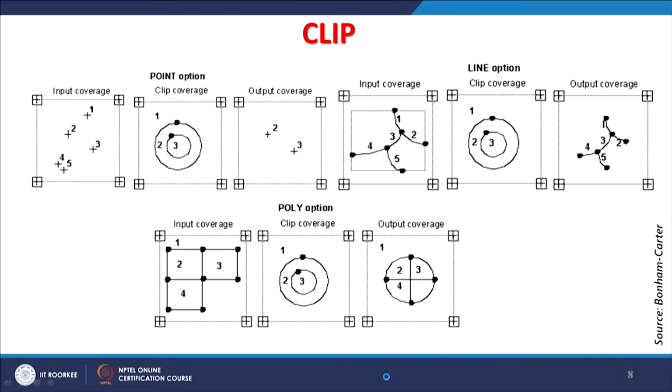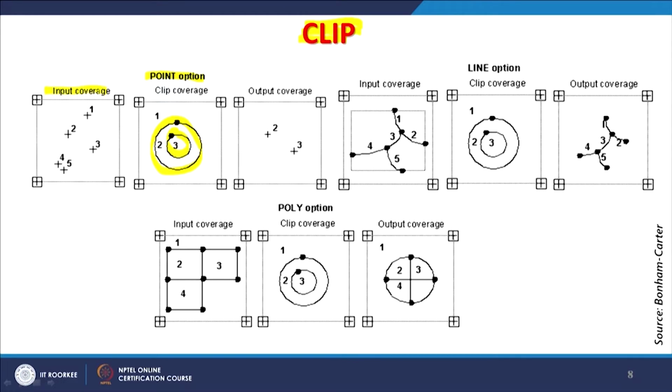Now, this clip or extract, it is also called extract in many GIS software like in ArcGIS, retrieving data based basically on a polygon boundary. So, in case of point data, this is an example that I am having: these polygons or circles, and these are my input coverage or point data.